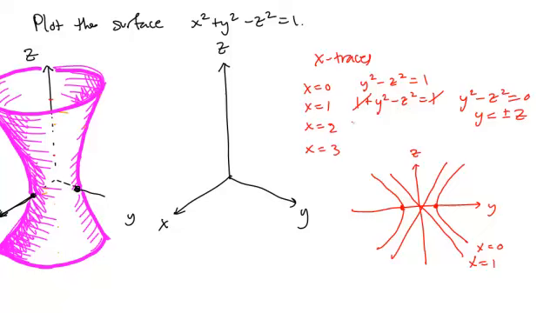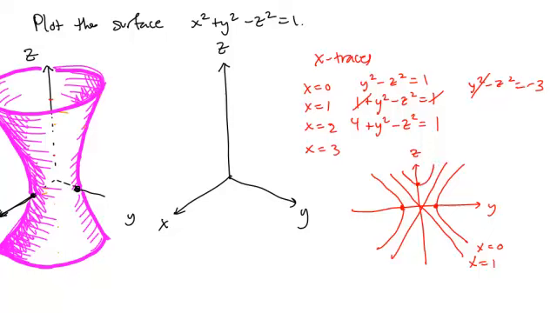If x is equal to 2, we're going to get the equation 4 plus y squared minus z squared is equal to 1, or subtracting 4 from both sides, y squared minus z squared is equal to negative 3. Once again, I know that this is the equation of a hyperbola. If I were to set y equal to 0, then I can solve that for z equals plus or minus root 3.